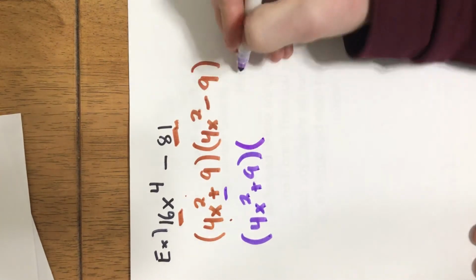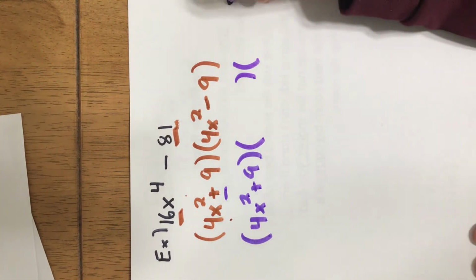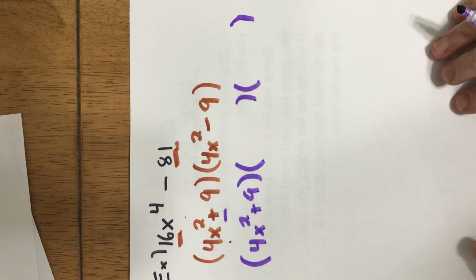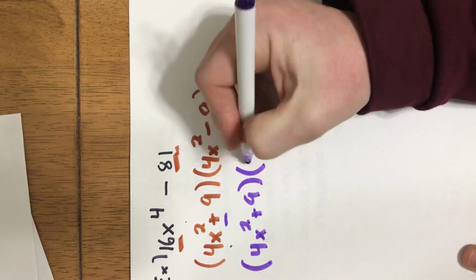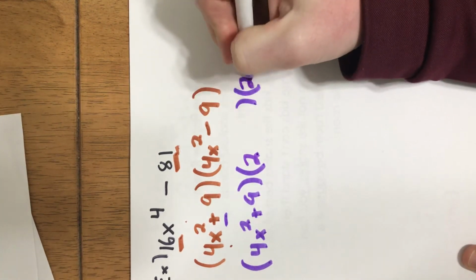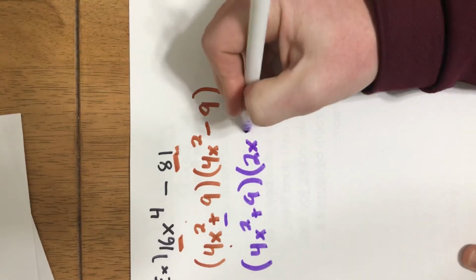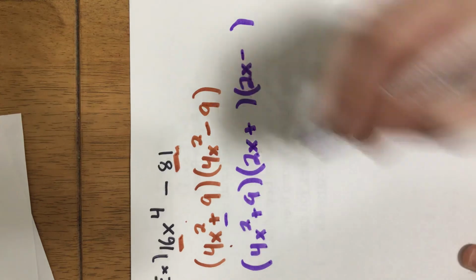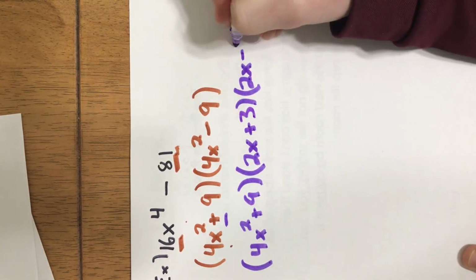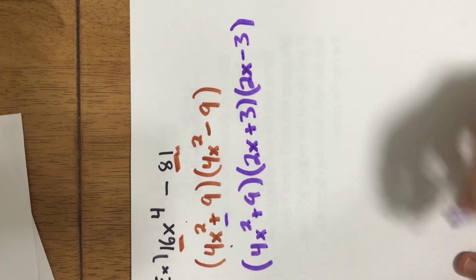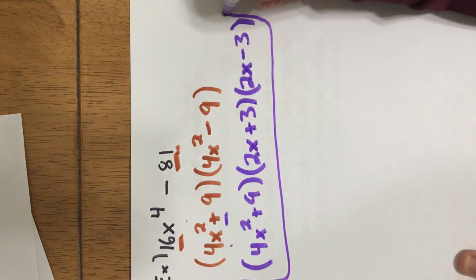So here I can keep going, and I can factor this one more time. The square root of 4 is 2. The square root of x squared is x. I'm going to have plus and minus, and the square root of 9 is 3. This is going to end up being my final answer.